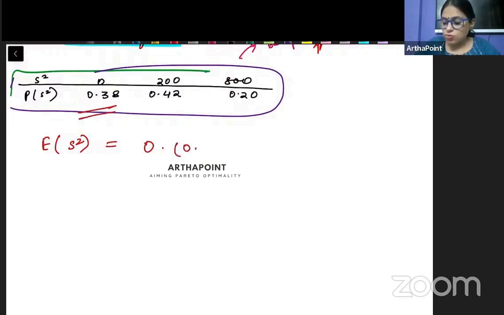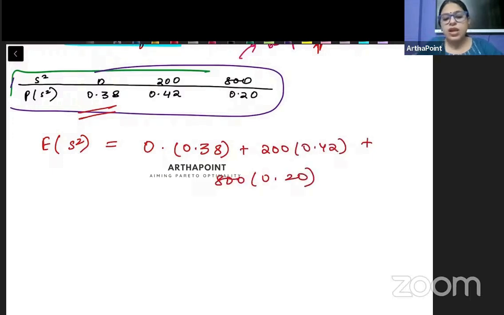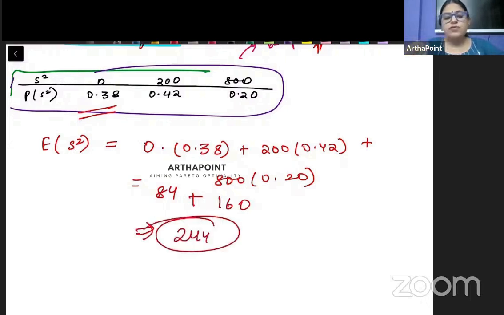So 0 into 0.38 plus 200 into 0.42 plus 800 into 0.20. And when you will go ahead and you will solve this, so 200 into 0.42, this will give you the answer as 84. Plus this is 160, this will give you the answer as 244. और ये क्या था 244?